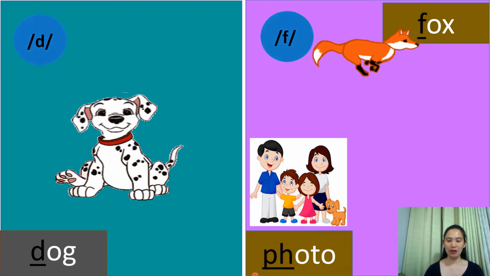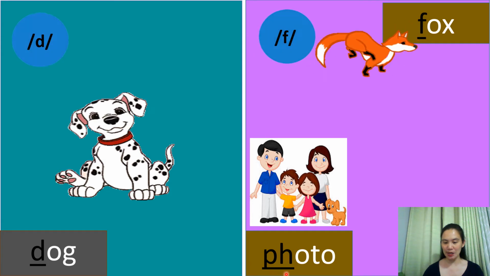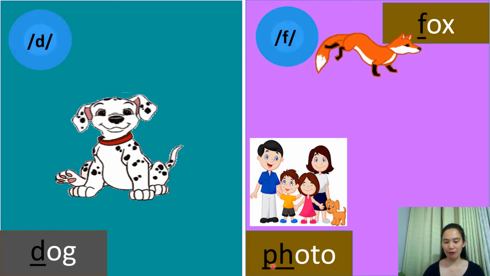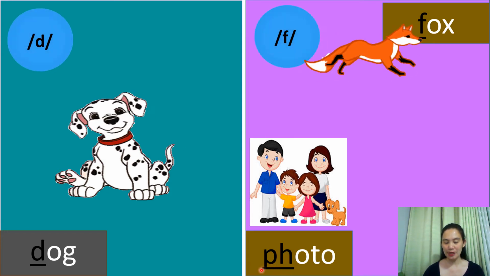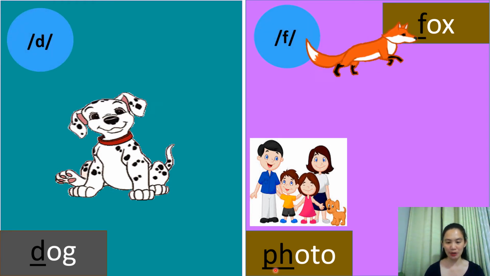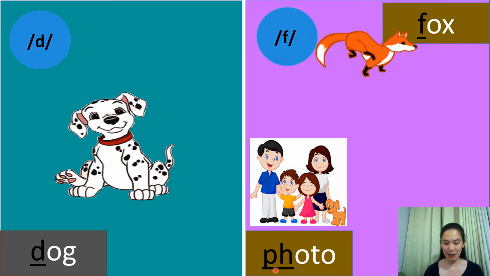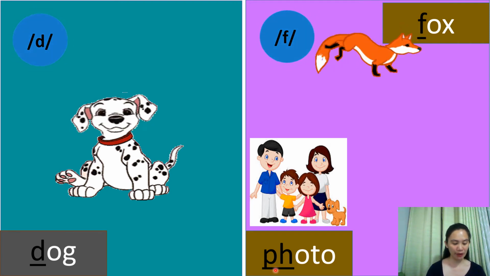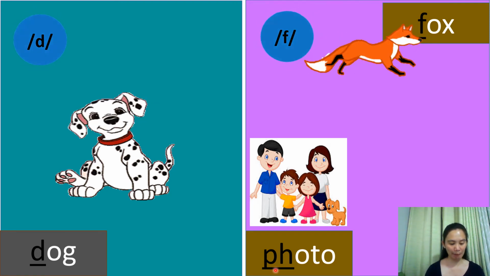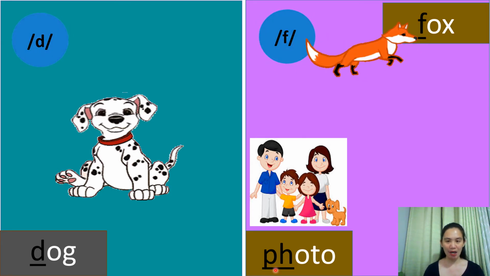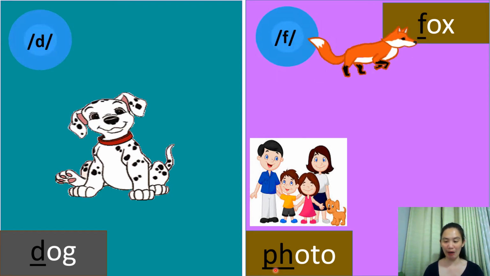Photo. Digraph PH has the sound of F. Same sound can also be heard in words with letters P and H, like in the words phonics, phone, and graph.